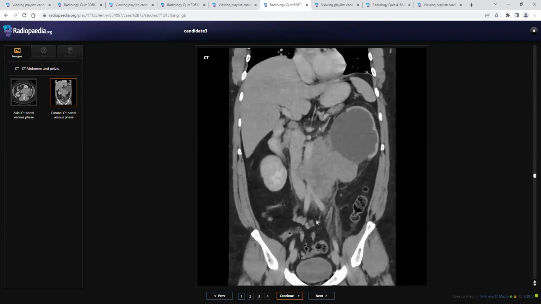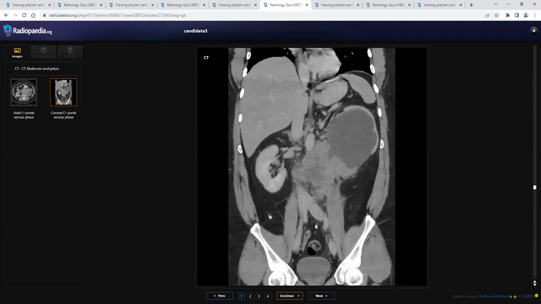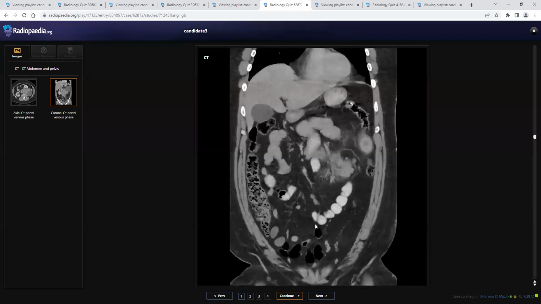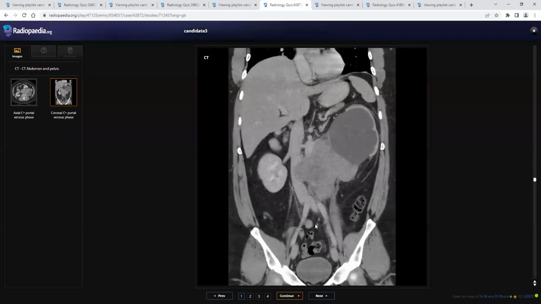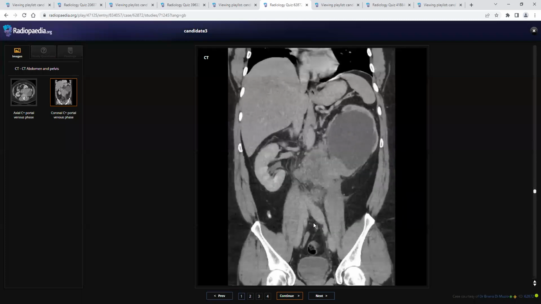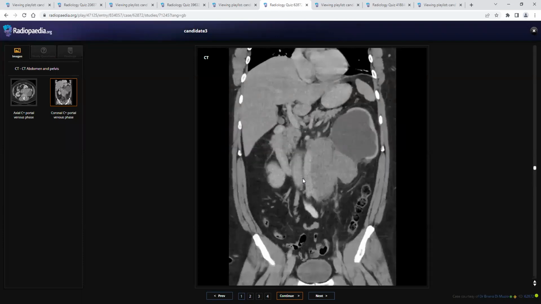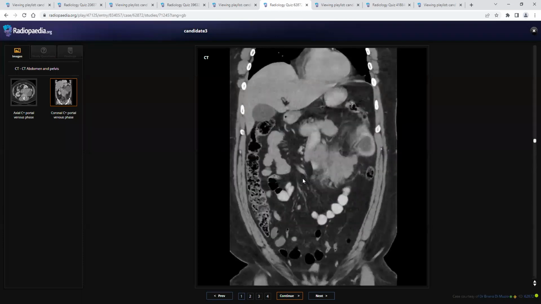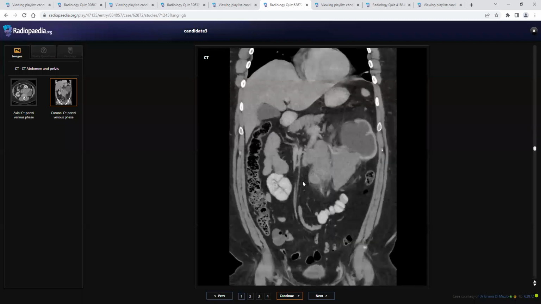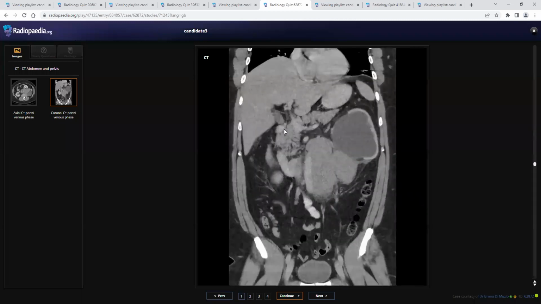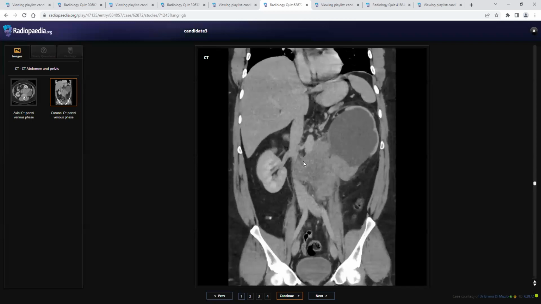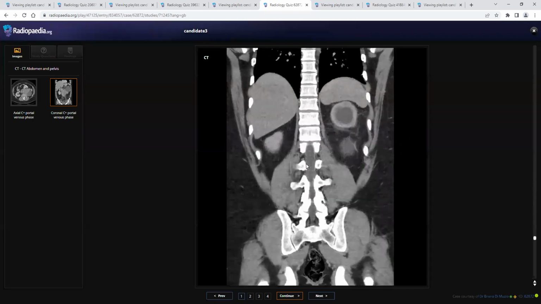On the coronal images, the bowel appears unremarkable, and the mass is encasing the aorta and is adjacent to the renal pelvis.